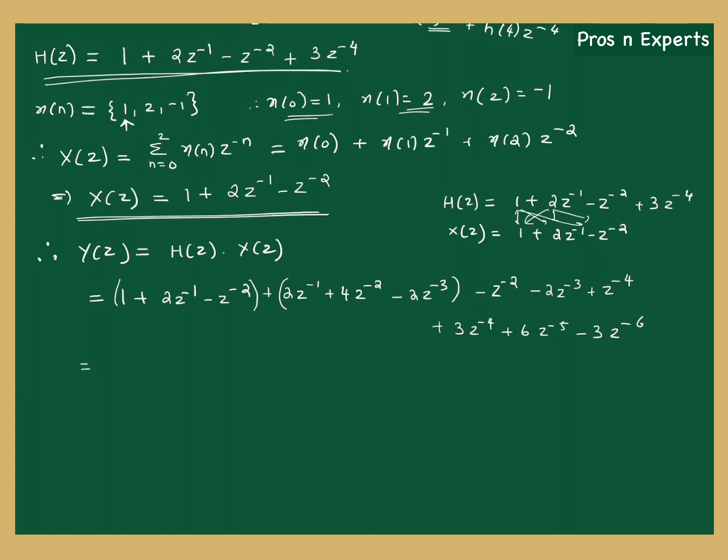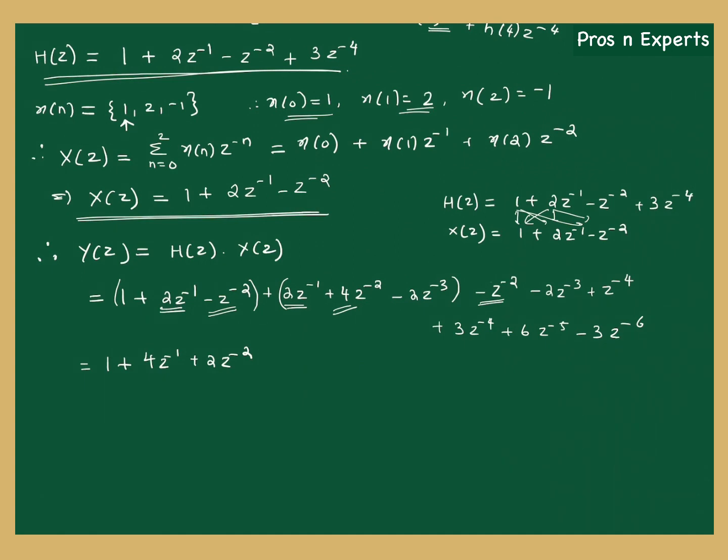So 1 plus, we can do 2z inverse here, 2z inverse here, so 4z inverse. Okay, so 4z inverse, then minus z inverse 2 plus 4z inverse 2 minus z inverse 2. So 4 minus 2 is plus 2z inverse 2.